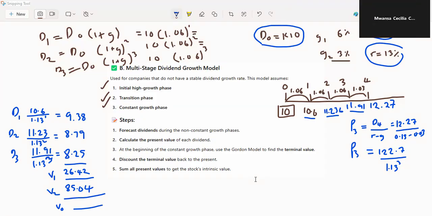It's giving 111.46. What are you getting? It's 111.46.